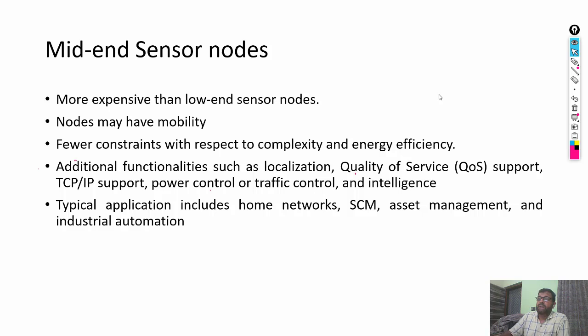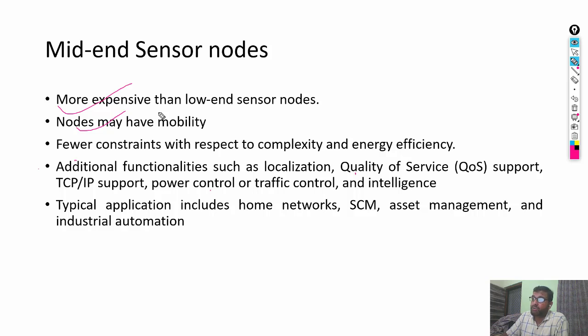Okay, the mid-end sensor node. In comparison with the low-end sensor node, the cost of the mid-end sensor node is more expensive. Not much more expensive, but with respect to the low-end sensor node the cost is higher, and the node has mobility. Before that we discussed nodes having static power.